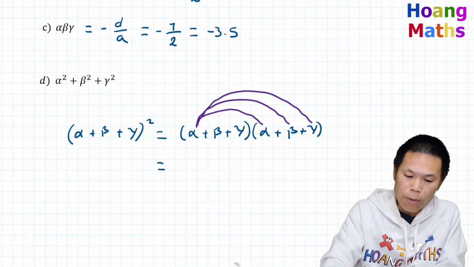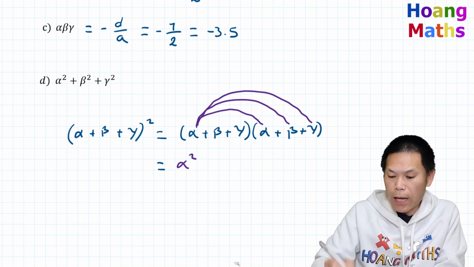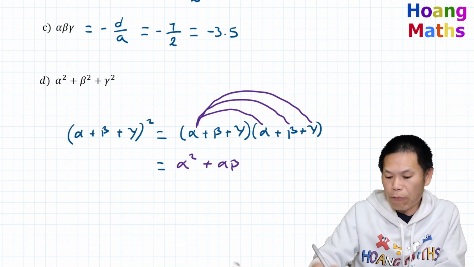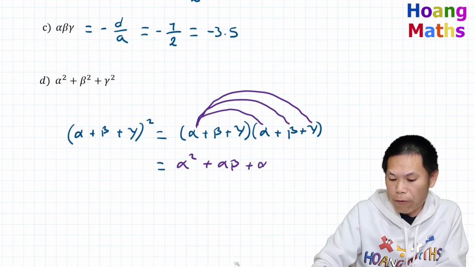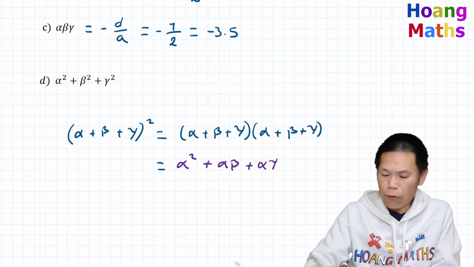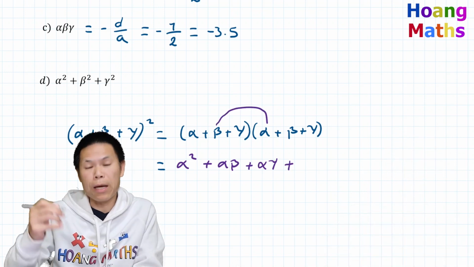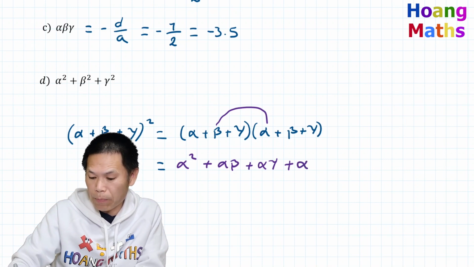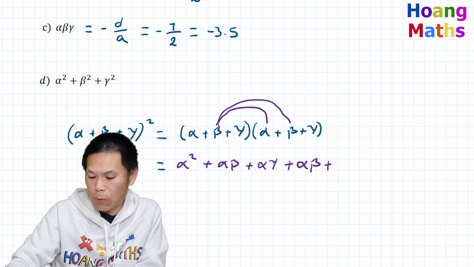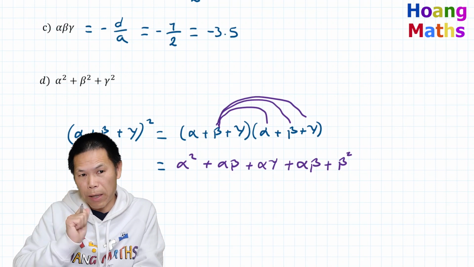Now for beta: beta times alpha is the same as alpha beta, and then we add beta times beta, that is beta squared. And we have beta times gamma, so that is beta gamma.